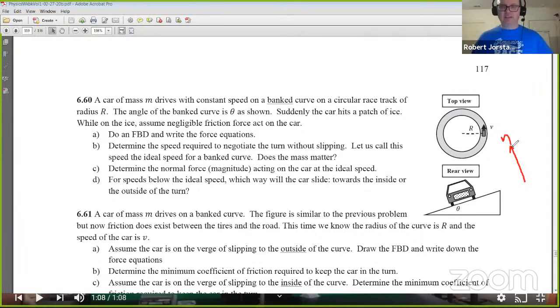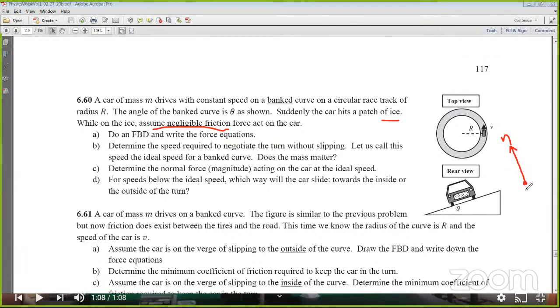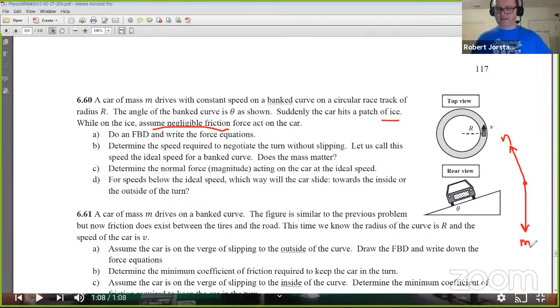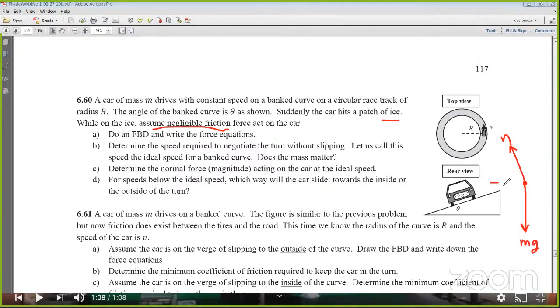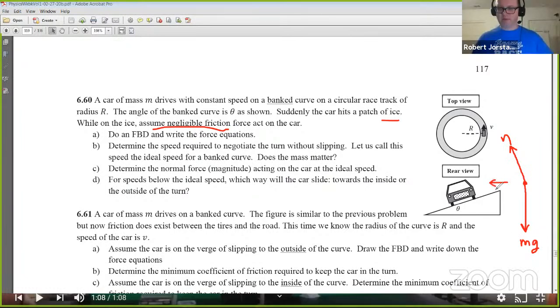Now in this one, it says patch of ice, negligible friction. We don't have to worry about that. What's the other force? Mg straight down. And what direction is this one accelerating? To the left. Okay, we did this last time.